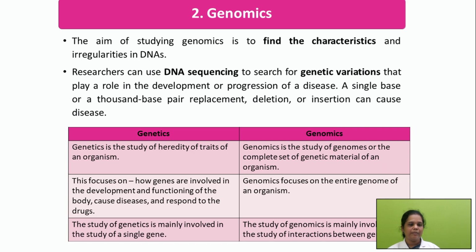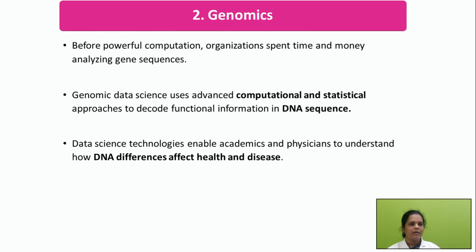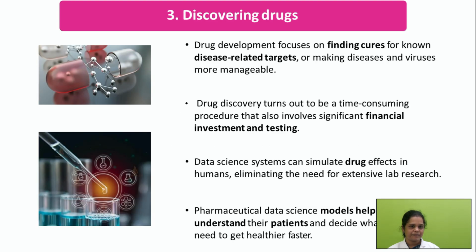In genetics we mainly study a single gene, whereas genomics deals with the interaction among 2 or more genes present in the organism. Genomics helps in the identification of DNA differences between a healthy and a diseased person.